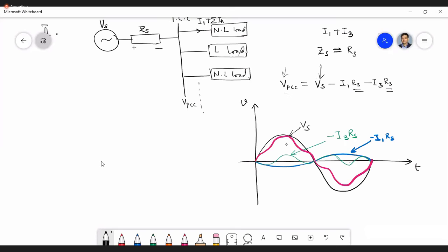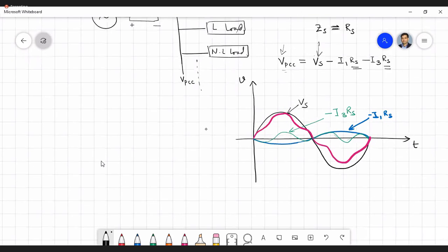There will be slight distortion. Again, there is a limitation mentioned in these two standards on the maximum value of distortion in that VPCC. So have you understood point number 2?